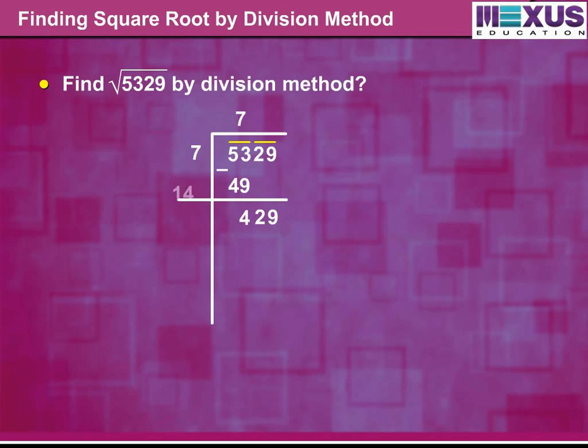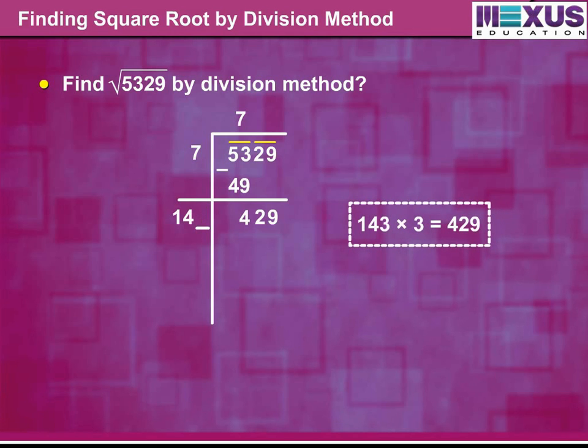Now double the divisor and enter it with a blank on its right, that is 14 and a blank. Now guess the largest possible digit to fill in the blank, which also becomes the new digit in the quotient, such that when the new digit is multiplied by the new quotient, the product is less than or equal to the dividend.